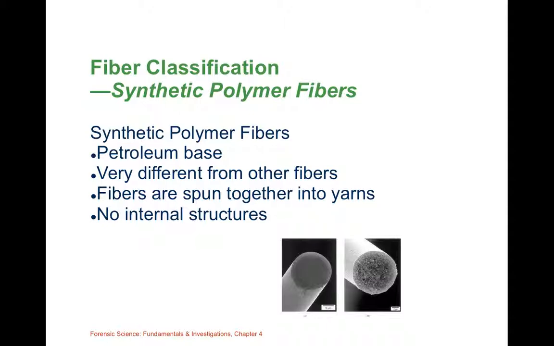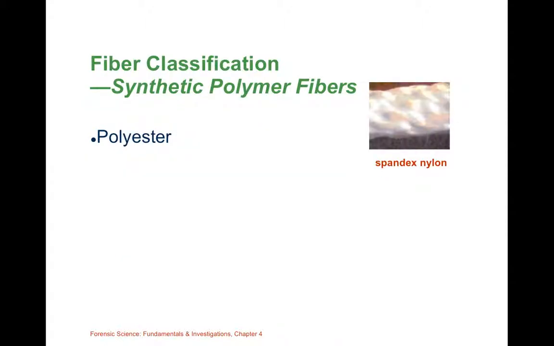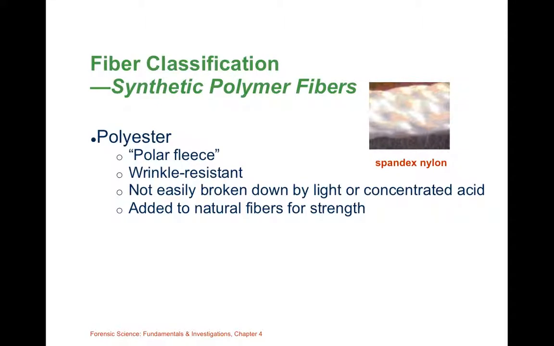Because this is synthetic or man-made, it does not have an organic internal structure. But they do have very uniform diameters. Remember, these are all made in the lab, so they can make them precisely and exactly the same, unlike in nature.